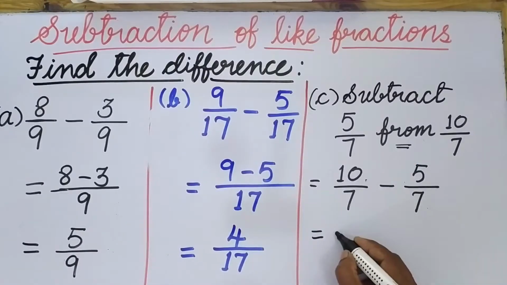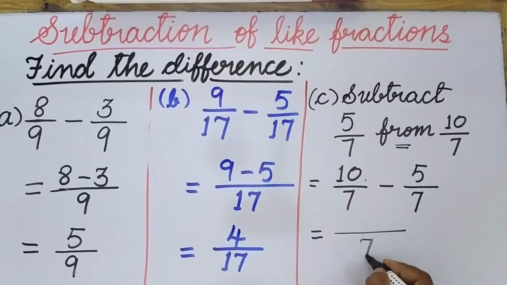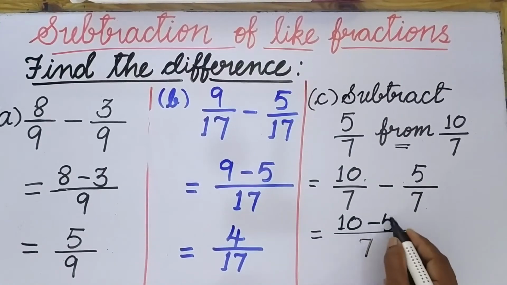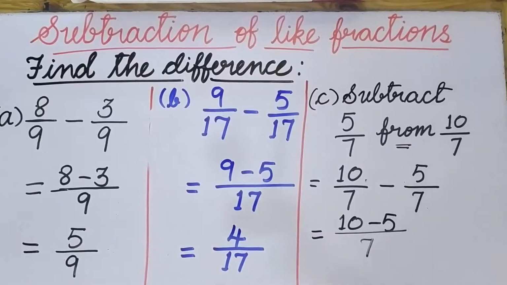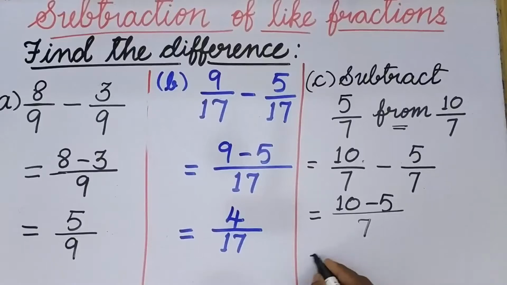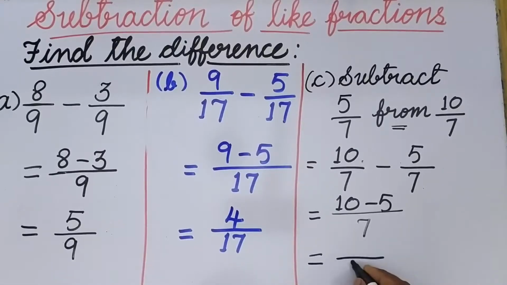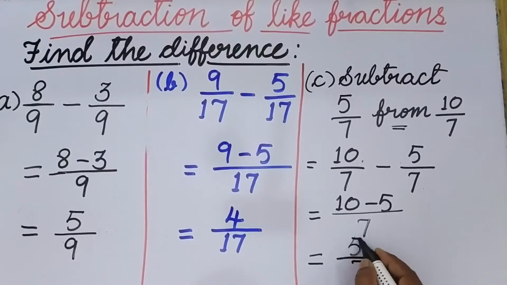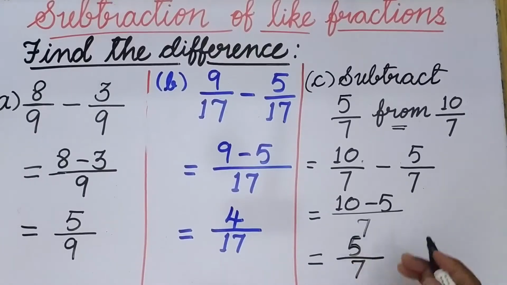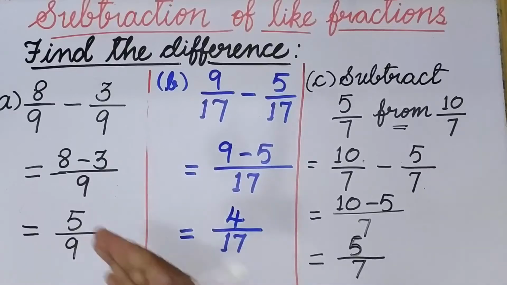Next steps are very easy. Denominator remains same. Then 10 minus 5. Then what's the last step? Yes. Denominator remains same. 10 minus 5 is 5. What's the difference we got here? 5 by 7. In this way we can find the difference of the given like fractions.